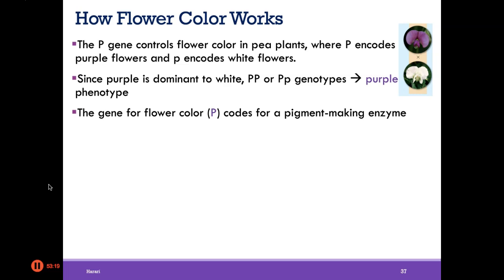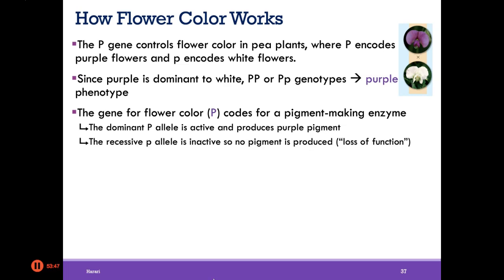But how does this make sense? Well, the P gene, the gene for flower color, makes a pigment-making enzyme. So there's a gene for an enzyme that makes purple color. If you have an active version of that enzyme, we can call that big P. The big P version of this enzyme is active and produces the purple pigment.